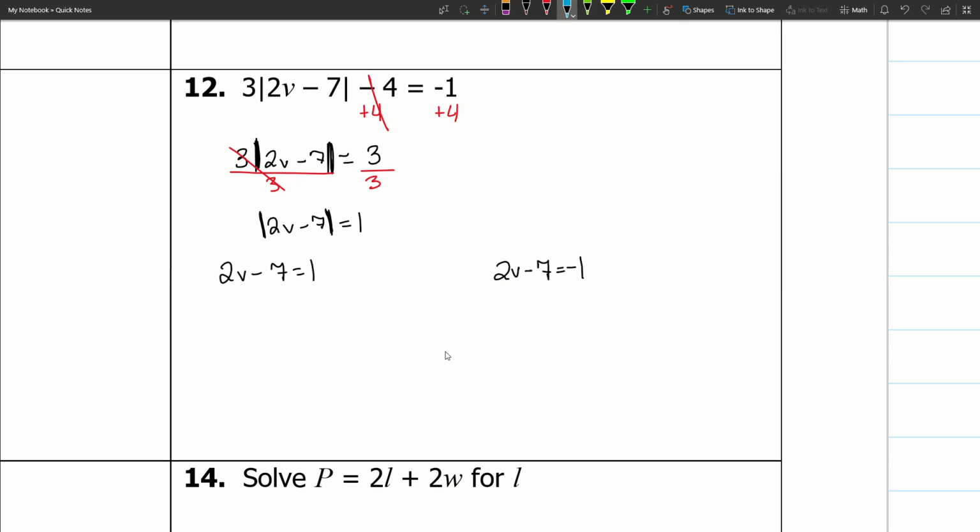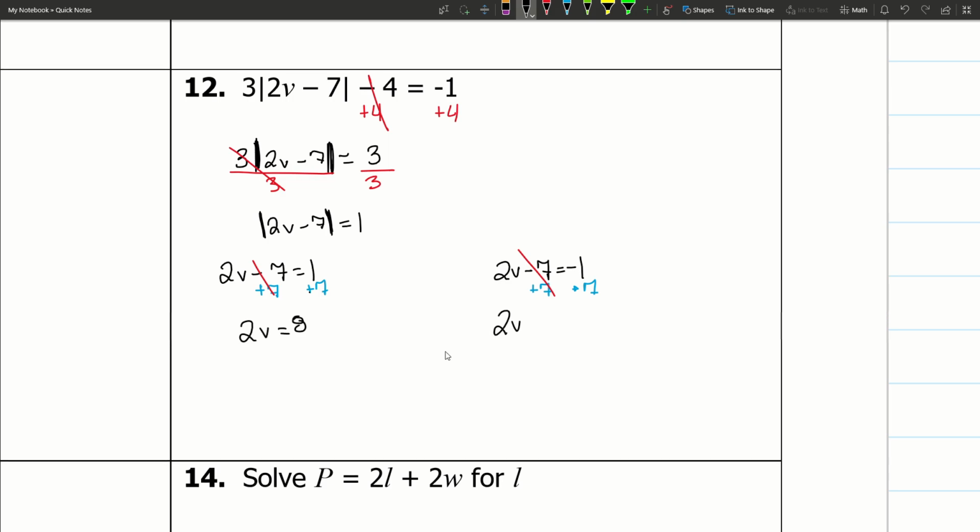Remember, the steps are going to be the same, but our answers are going to become different. The first thing we want to do is add our 7 away. And I'm going to do both of these just to save us a few seconds of time. Negative 7 plus 7 is 0. Those cancel out. And we have 2v equals 1 plus 7 is 8.